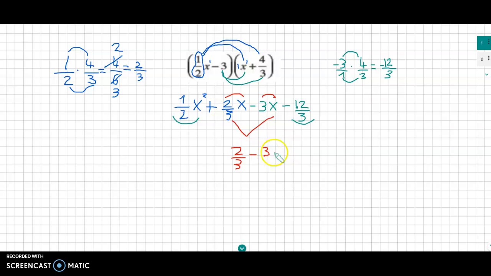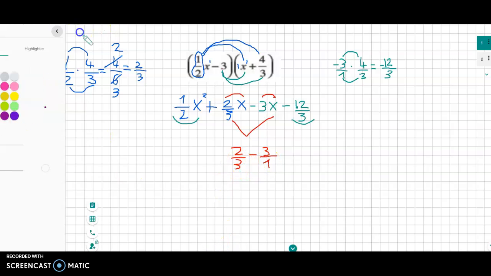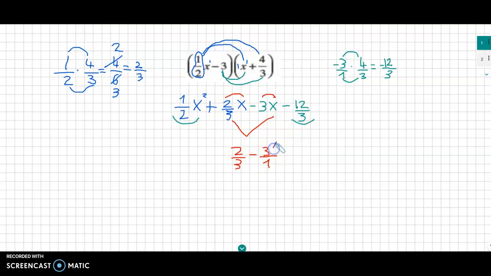Remember, guys, since we have a whole number here, we just write a 1 in the denominator. And then we need to find the LCD between 3 and 1, which is actually 3. So we multiply this second fraction by 3 in order to get the same denominator, and that will be 3 times 3, 9, 9 over 3.